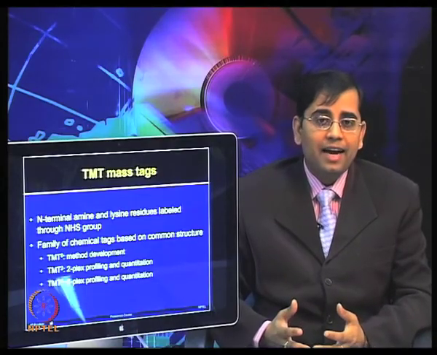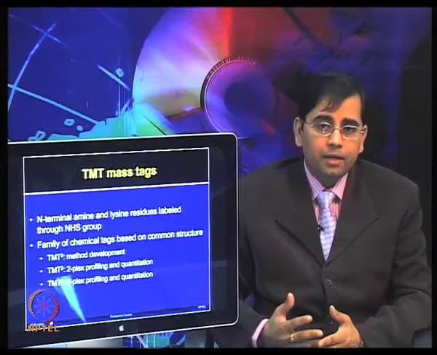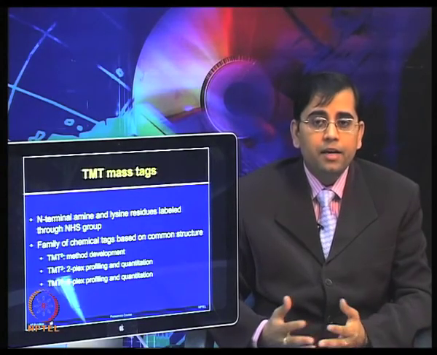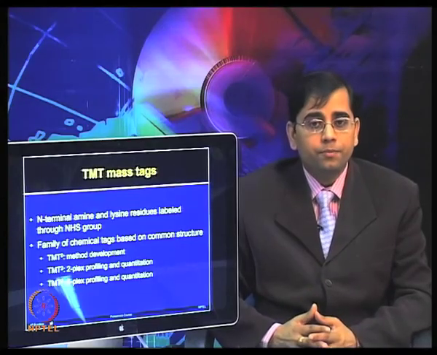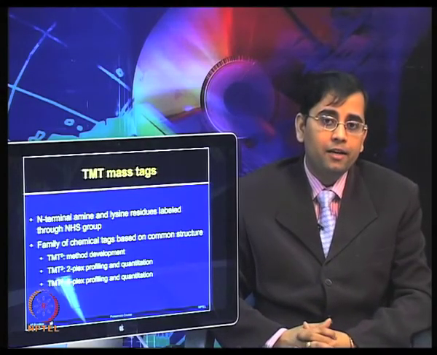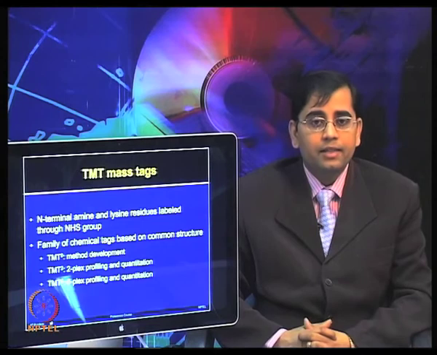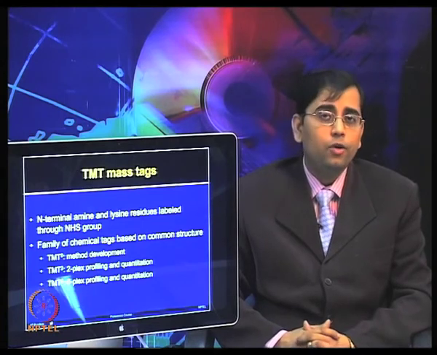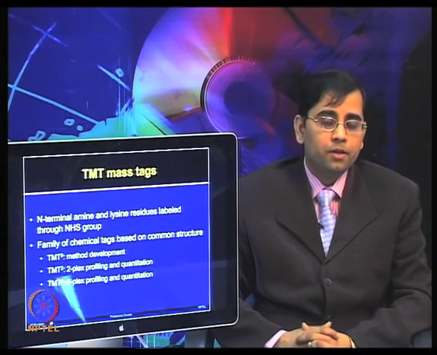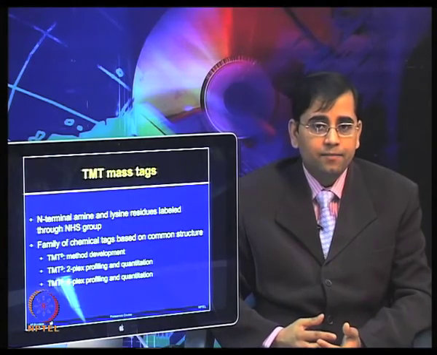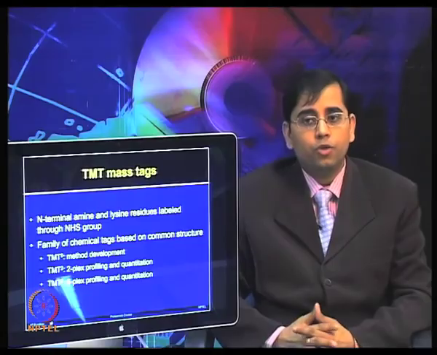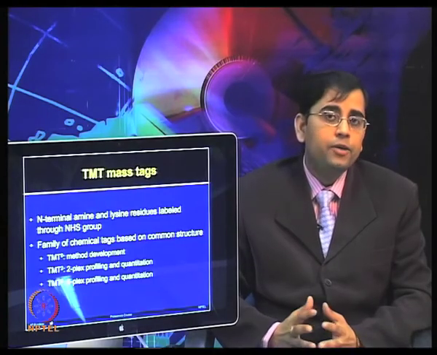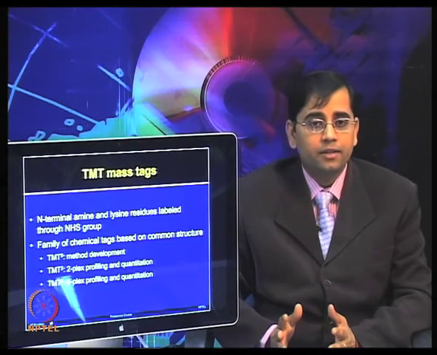While duplex and 6-plex labels differ by the number of isotopic substitutions, TMT 0 is a non-isotopically substituted structure that has been produced only for method development. During the MS-MS analysis, the TMT tags give rise to 6 reporter ions from 126 to 131 Dalton.